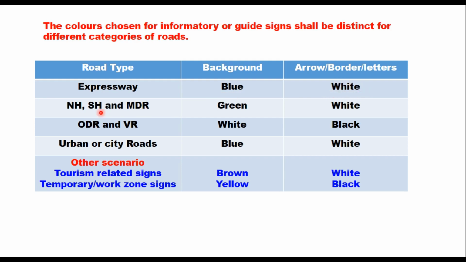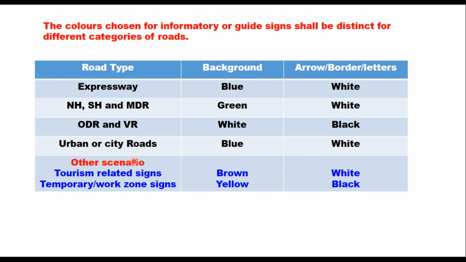For national highway, state highway and major district road, background is green color and arrow, border or letters are white. For other district roads and village roads, the background is white and arrow, letters are black. For urban or city roads, it is blue background with white letters or arrows.